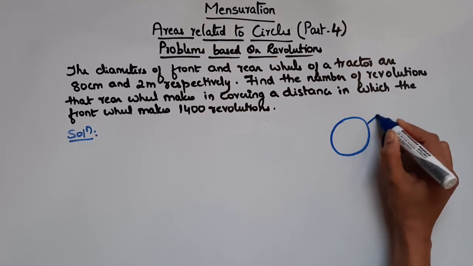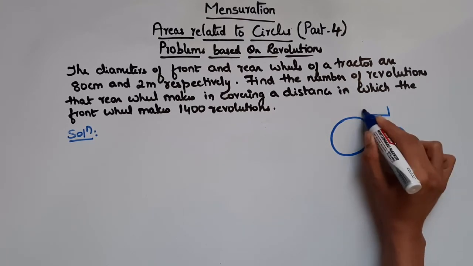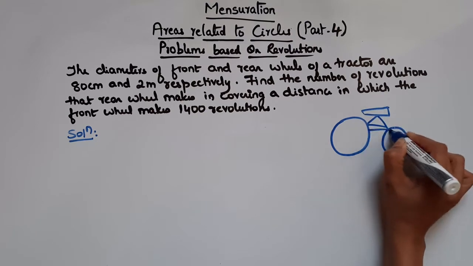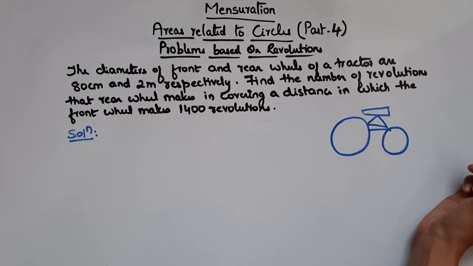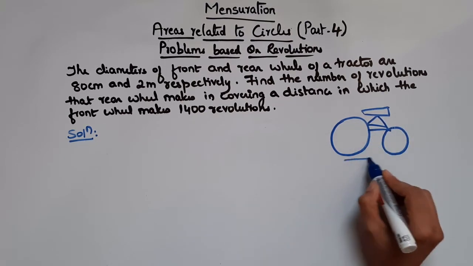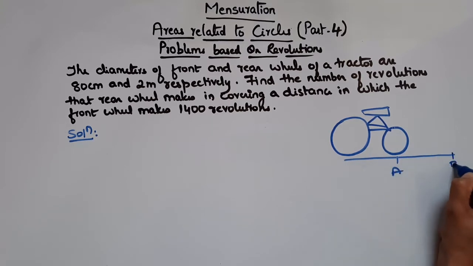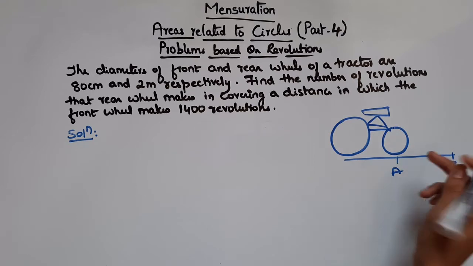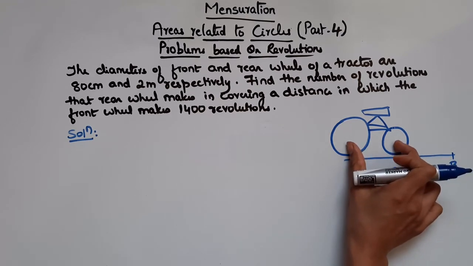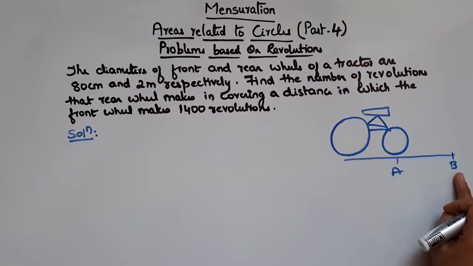Let's say this is a tractor, something like this. Say for this tractor to move a distance, let's take the distance from A to B. So here the distance moved by these wheels from A to B is the same.